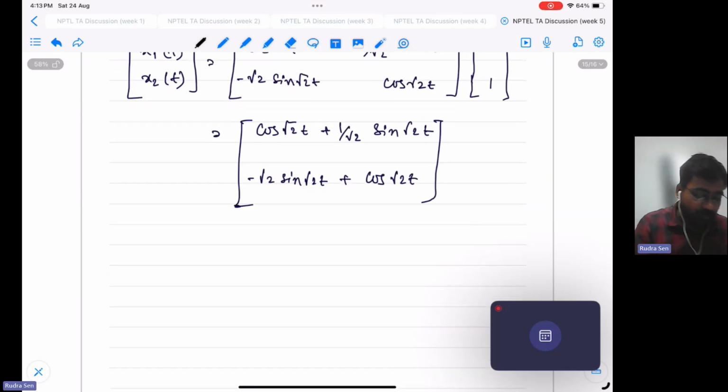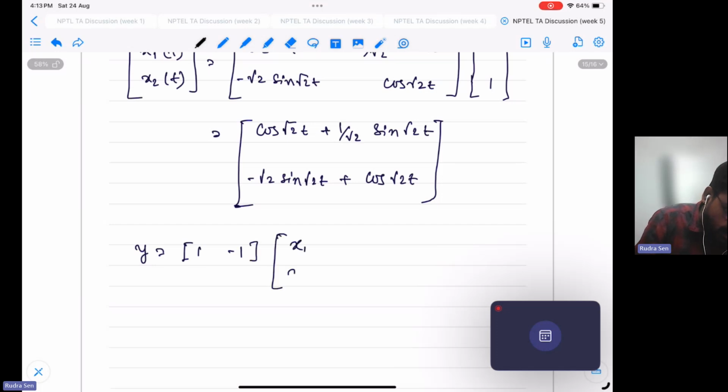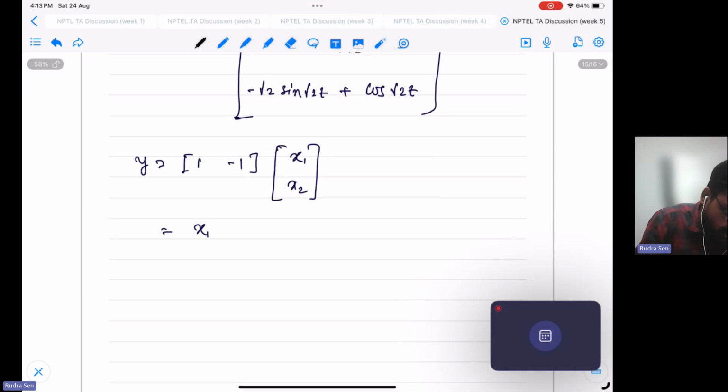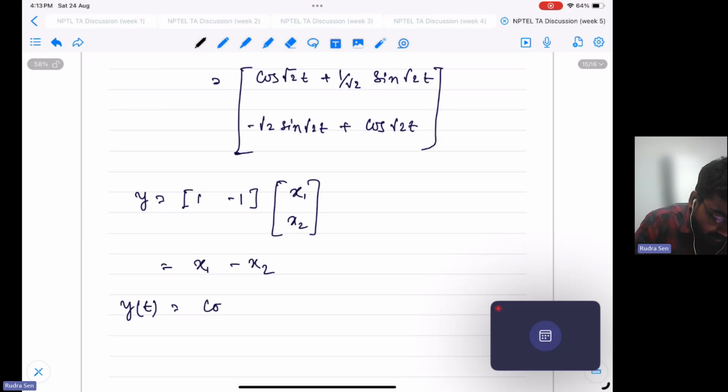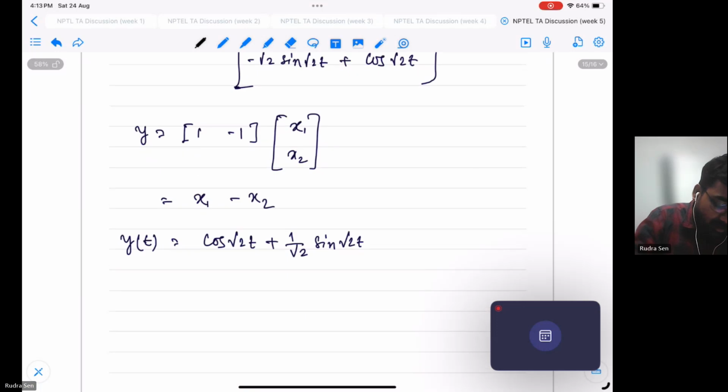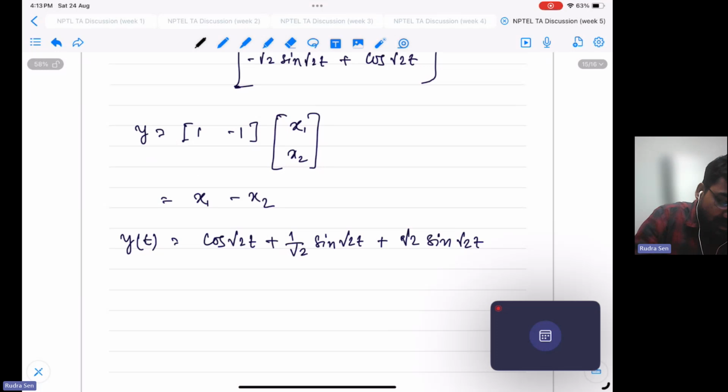Now you have to find the output response. y is given as 1 minus 1 times x1, x2, so this is basically x1 minus x2. So the output response y(t) is cos root 2 t plus 1 by root 2 sine root 2 t, plus root 2 sine root 2 t, minus cos root 2 t. The cosines eliminate, and it would be 3 by root 2 sine root 2 t.